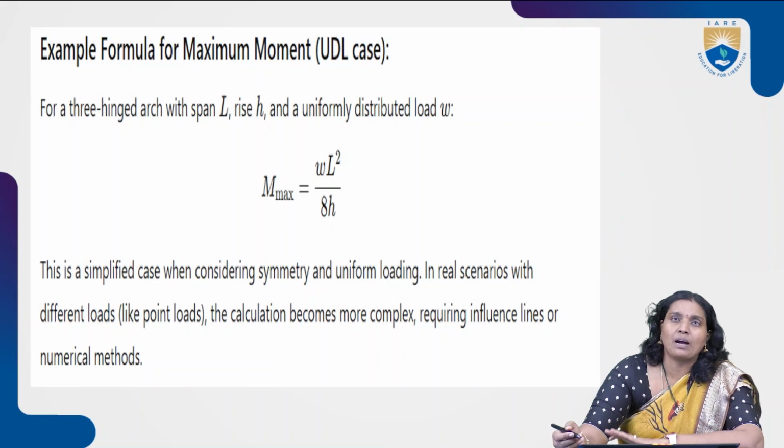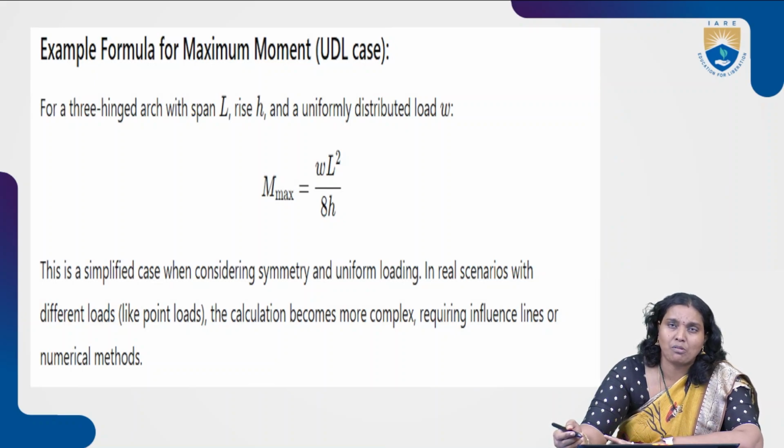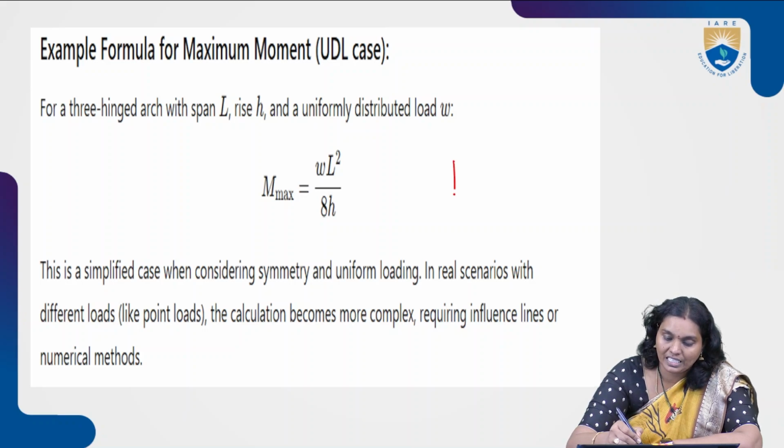For example, the maximum bending moment in the uniformly distributed case: for a three-hinged arch with span L, rise H, and uniformly distributed load W, the maximum bending moment is equal to WL squared by 8H.